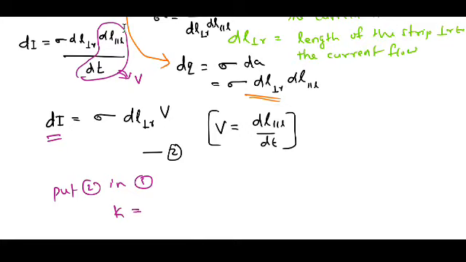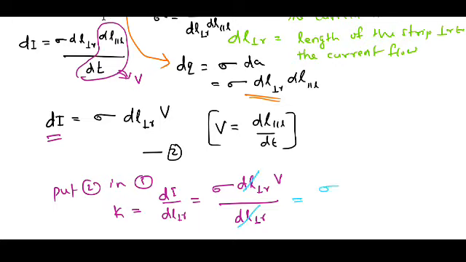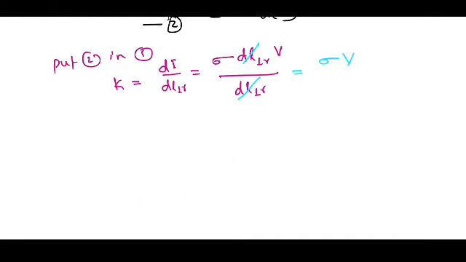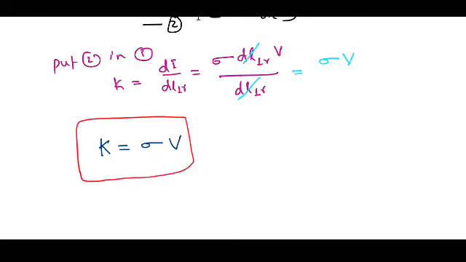Therefore, our K, the surface current density, di by dl perpendicular, is equal to sigma dl perpendicular v divided by dl perpendicular. Here the dl perpendicular will cancel. We are left with sigma v. That is, the surface current density can be written as K is equal to sigma v. This equation has to be remembered.